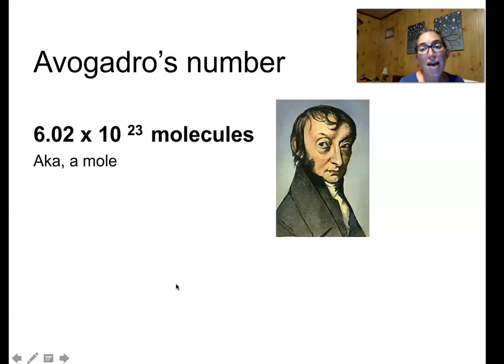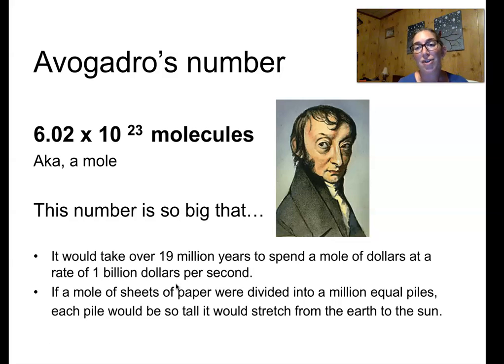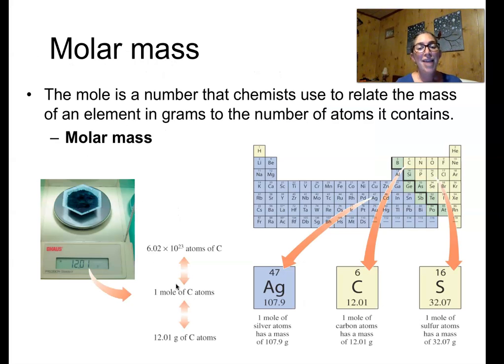And it's like a super, super big number. I'll let you read those fun facts for yourself. But it's how we convert the mass of an atom into the molar mass, which is something we use in calculations. So one atom is so infinitesimally small, if you wanted to count atoms, you can't.